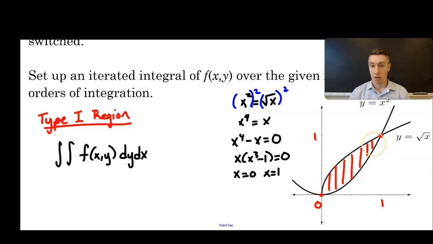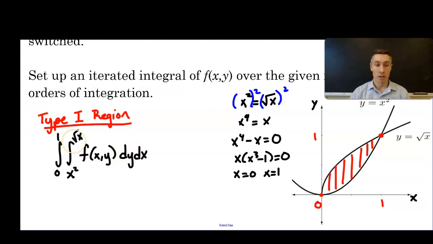On the lower part of each vertical line is the function x squared, so that's our lower bound. The top of each line is bound by the square root of x, so that's the upper bound. Then on the x-axis, we're going from 0 to 1. There is our setup of the double integral over a type 1 region.